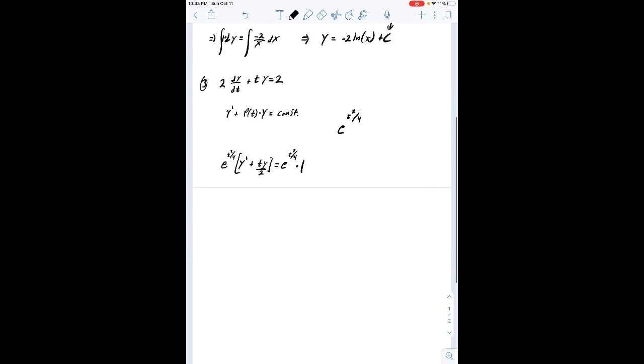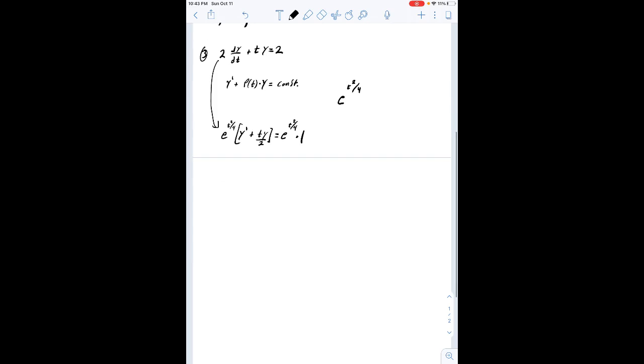Right here, I just divided the 2 on each side. And now we do something that I think is pretty cool, which is we say this left side is just equal to d dt of y times e to the t squared over 4. And that still equals this side.